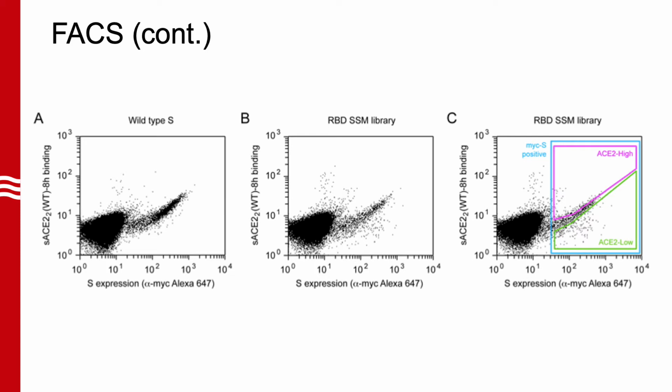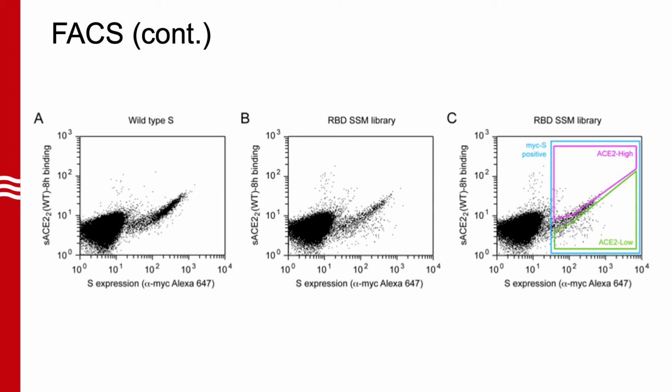Between those two charts, you can see that in section B, the RBD variants had a larger spread in terms of their binding capabilities to soluble ACE2 wild type. Moreover, you can see more dots for cells expressing high soluble ACE2 wild type binding, as well as more dots lower in the chart showing lower wild type binding, so larger variance when it came to the different mutants.